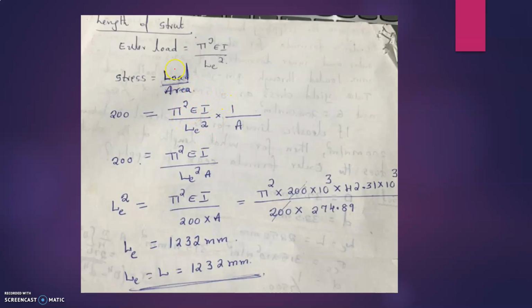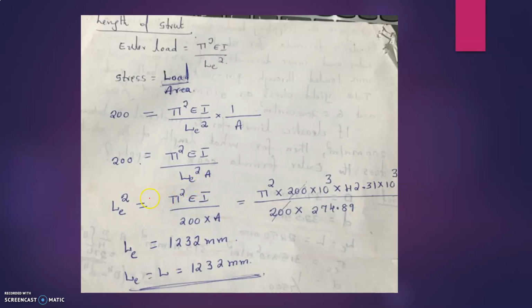So use Euler's formula. Stress is equal to pi square EI divided by LE square, divided by area. So 200 is equal to pi square EI divided by LE square into A. Write in terms of LE, we want the LE value.